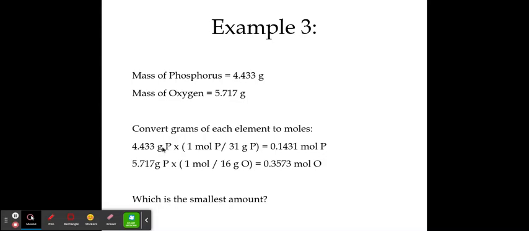We end up getting our 0.1431 mole of phosphorus and our 0.3573 mole of O. So now this one here is a smaller amount, so we're going to divide by this number.